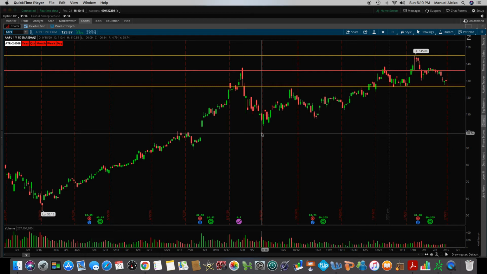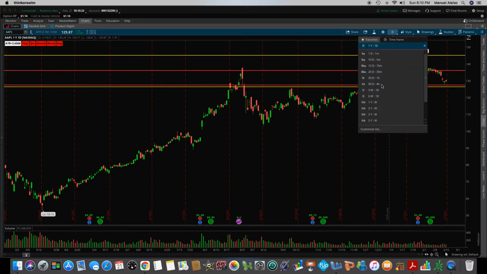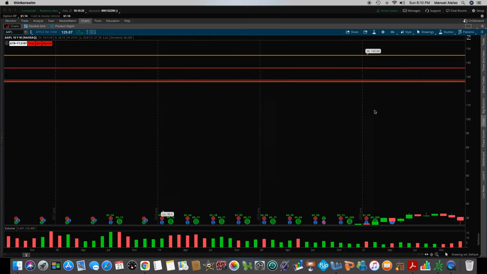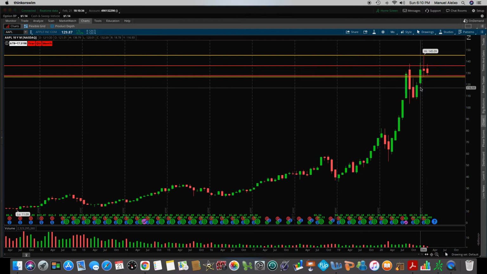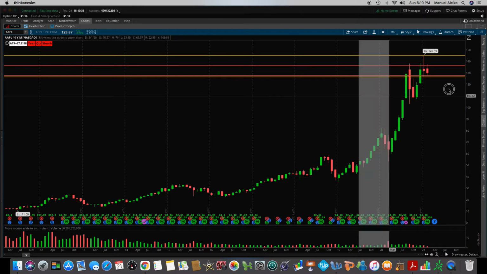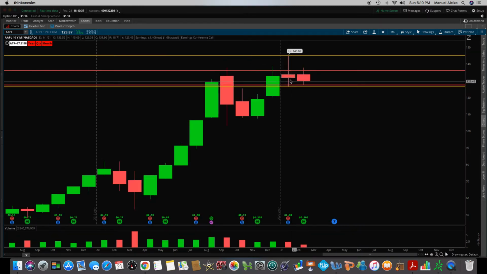Okay, so let's dive right in here. We got Apple. That's the first stock on our watch list. Now, folks, for those of you that are new to the channel, the first thing I always do is go back to a monthly chart. As you can see here, these are all monthly candles, okay? And what I do is I zoom in on the previous month's high and the previous month's low, okay?